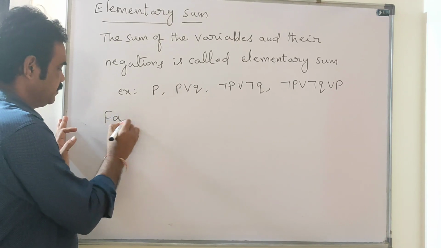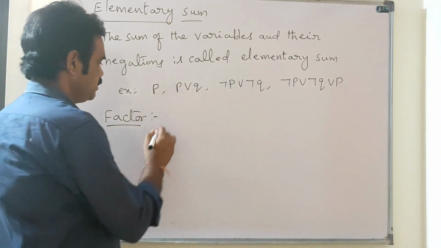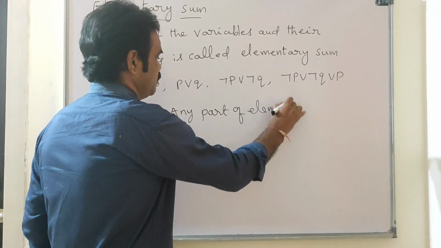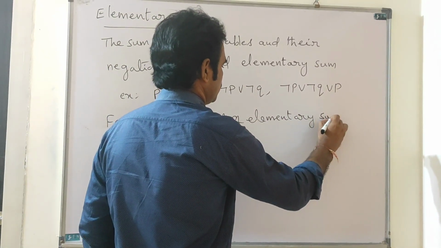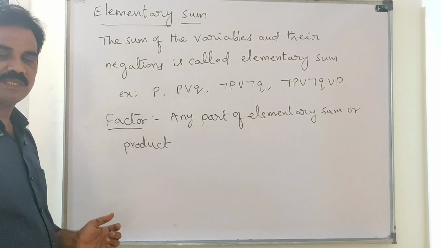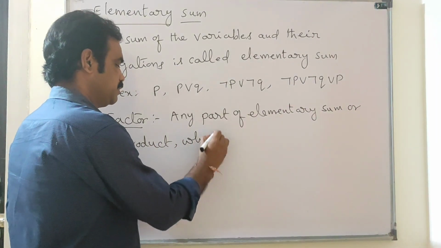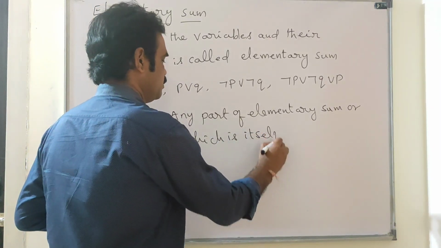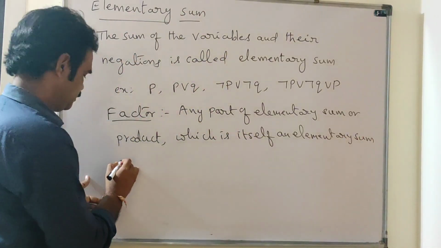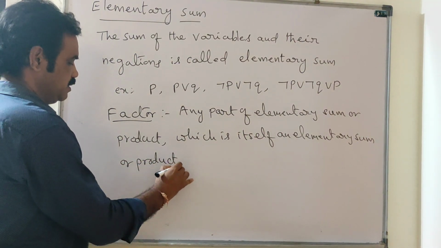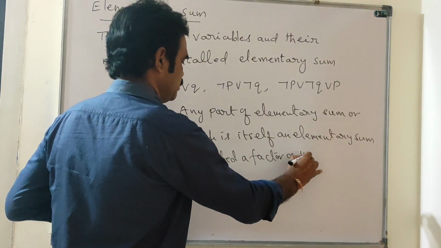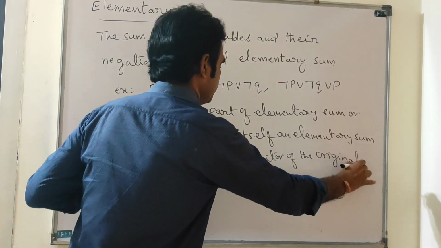Next definition, factor. Factor means any part of an elementary sum or product which is itself an elementary sum or product is called a factor of the original.